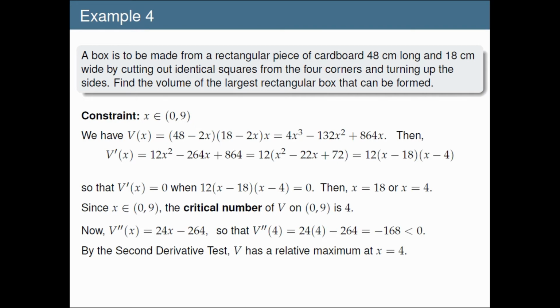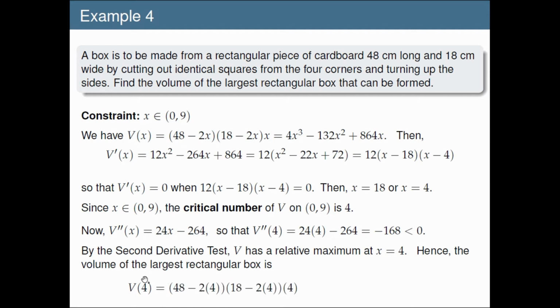And the maximum volume is given by V of 4. Substitute 4 here. So we get 48 minus 2 times 4 times 18 minus 2 times 4 times 4. 48 minus 2 times 4 is 40. 18 minus 2 times 4 is 10.